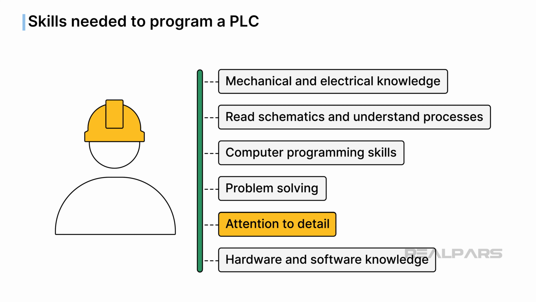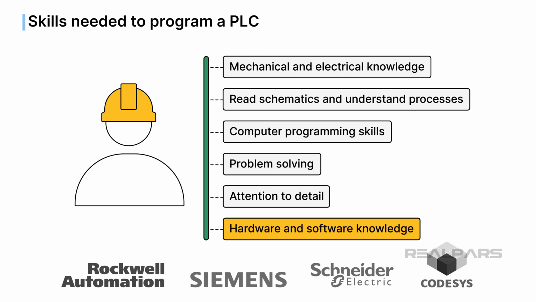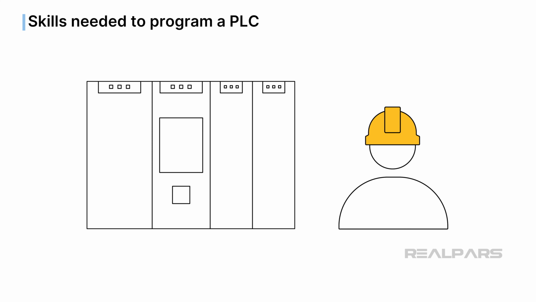In addition, hardware and software knowledge related to the control software environments provided by Rockwell, Siemens, Schneider, Codesys, and the like is required. Learning PLCs allows you to be able to automate ideas and make processes better. Understanding how the PLC plays a role in operations and how to use it as a tool is key.